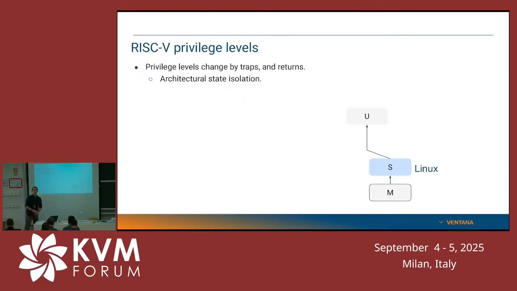On RISC-V, the isolation between Linux and the confidential VMs is slightly different because the basic privilege levels are M, where the firmware is, then S, where Linux is, and U, where you run your applications and VMM.